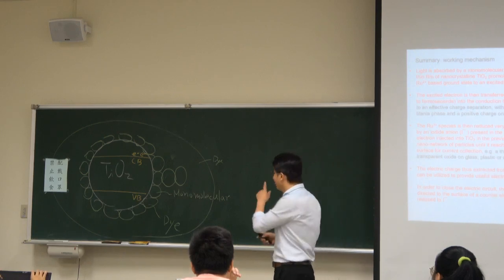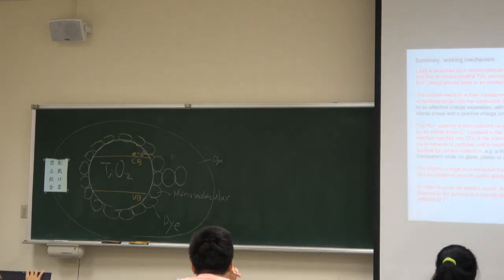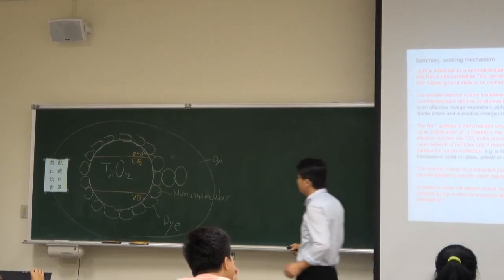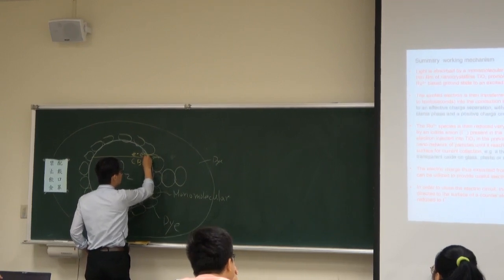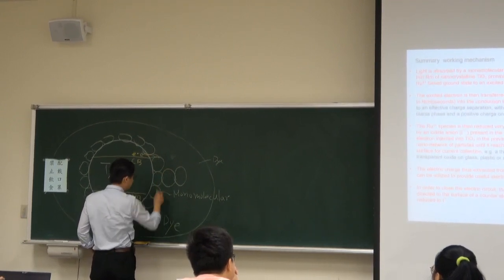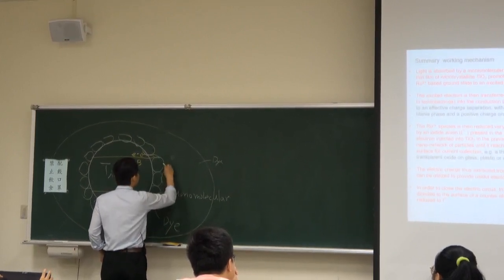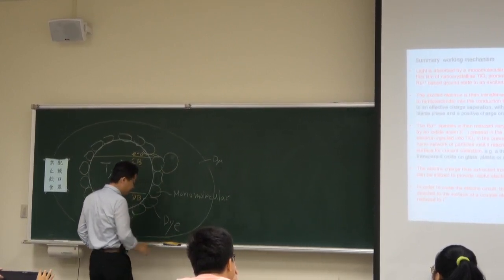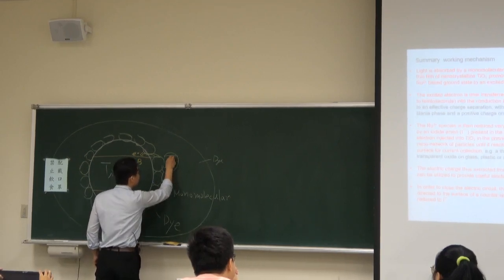Okay, so the point is you can see here the electron transfers to the TiO2 conduction band, right? So look at about here. If the electron transfers to here, if you have another dye, for example, you could see more electrons to here.